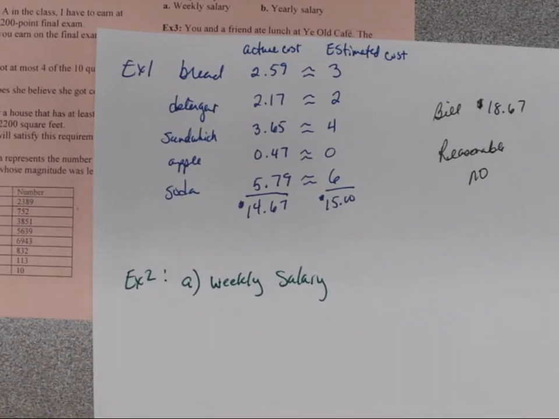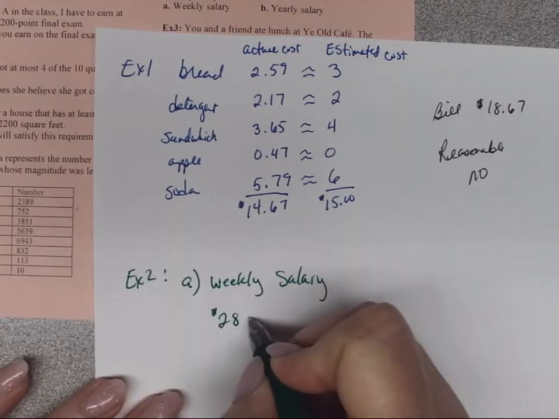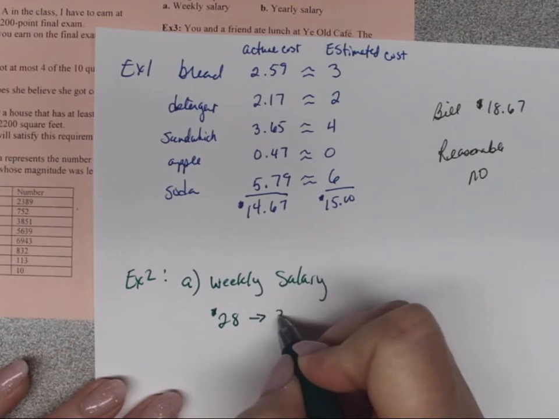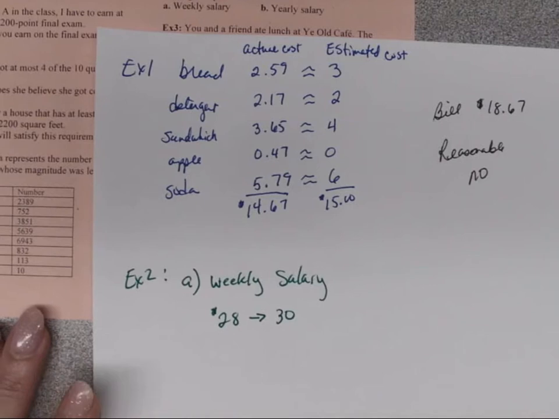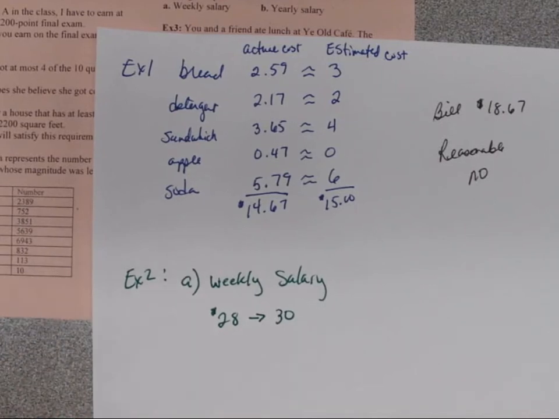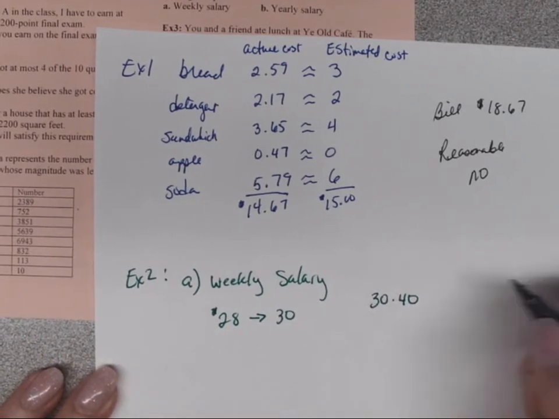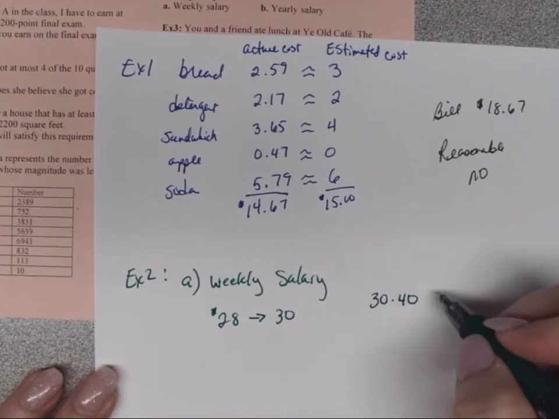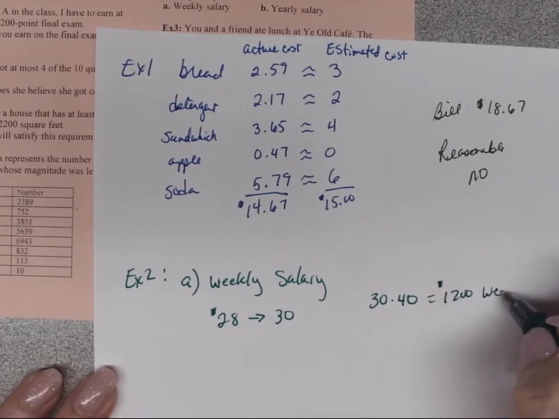Well, we don't want to go with the actual. We're looking to estimate. So we're going to round 28, and we're going to make it 30, because we're going to round to the nearest 10. And if he's working full-time, usually that is 40 hours a week. So we're going to say 30 times 40 hours a week will get us $1,200 weekly.